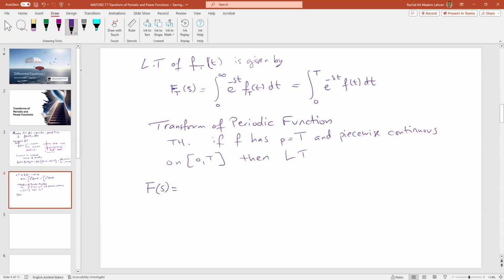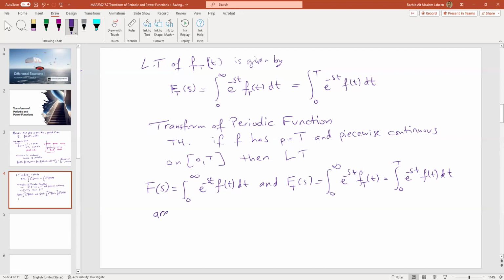The Laplace transform we're looking for is given by the integral from 0 to infinity of e to the negative st times f of t dt. And F sub capital T of s is the integral from 0 to infinity of e to the negative st times f sub capital T of t, or using 0 to the period, e to the negative st times f of t dt.